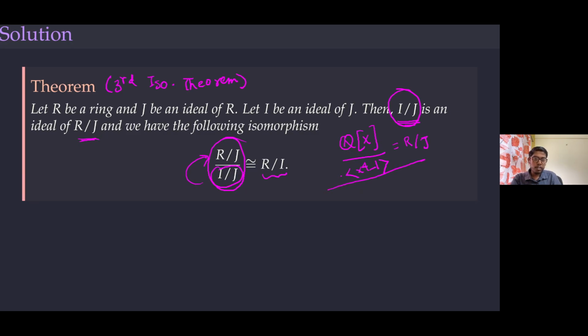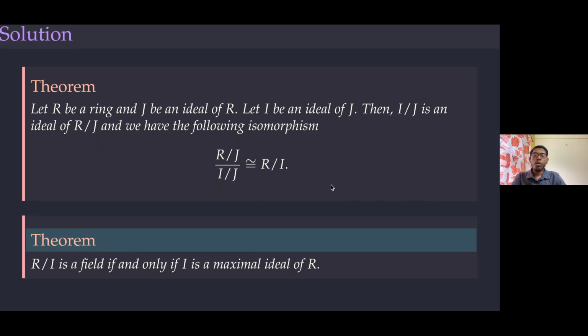I have to find ideals containing x^4 minus 1 and mod out by J. Okay, so these are the ideals of this R mod J ring, and this is nothing but Q[x] mod x^4 minus 1. So we know what the ideals of Q[x] mod x^4 minus 1 are. Now the problem is how to determine the maximal ideals.